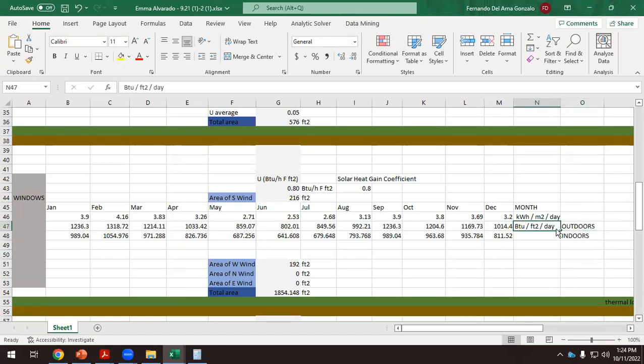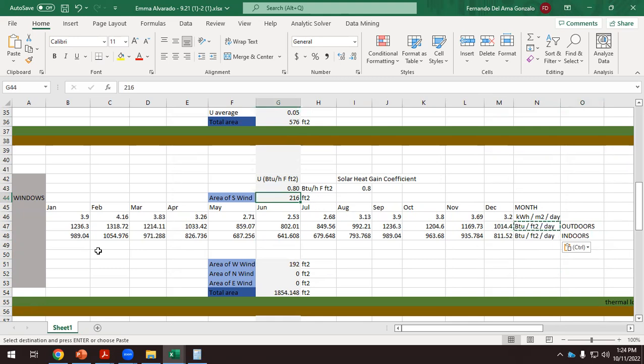Because if I multiply this by the solar heat gain coefficient, the solar heat gain coefficient doesn't have units, it's just a number from 0 to 1. So the units are the same here, but this is outdoors and this is indoors. And finally, I have to multiply this by the area of the windows, okay?